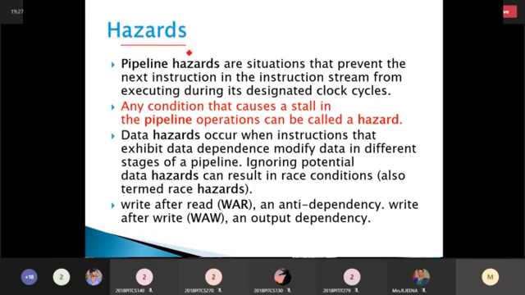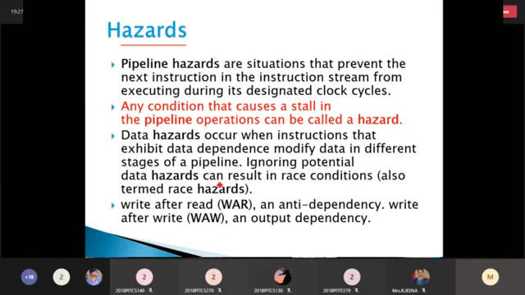So next, the hazards. Pipeline hazards are the situations that prevent the next instruction in the instruction stream from executing during its designated clock cycle. These hazards we saw in our previous class also. So any condition that causes a stall in the pipeline operation, that only we are telling as a hazard. Data hazards occur when instructions that exhibit data dependence modify the data in different stages of the pipeline.